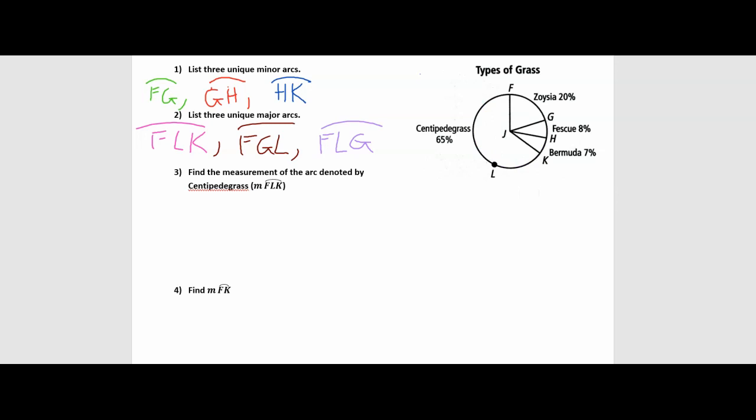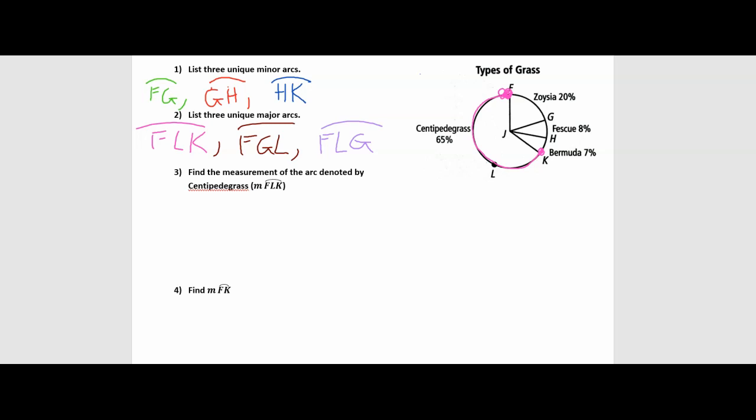I just gave 3. Now we need to find the measurement of the arc denoted by centipede grass, so FLK. Let me sketch that for us. FLK. Well, we know that centipede grass makes up 65% of the total circle, which means that arc makes up 65% of the circumference, or of the circle.